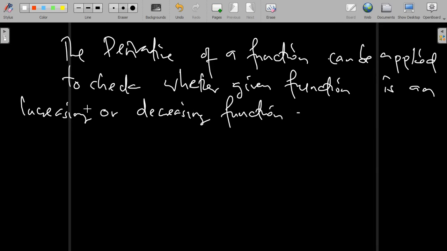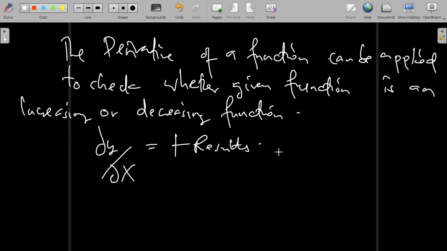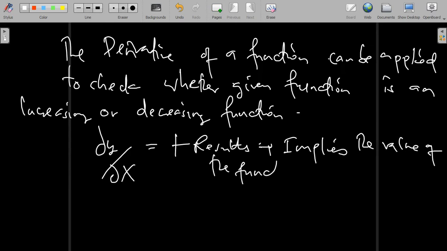So if you apply the first order derivative of the function, and the sign of the first derivative gives you a positive result, it implies that the value of the function is increasing.